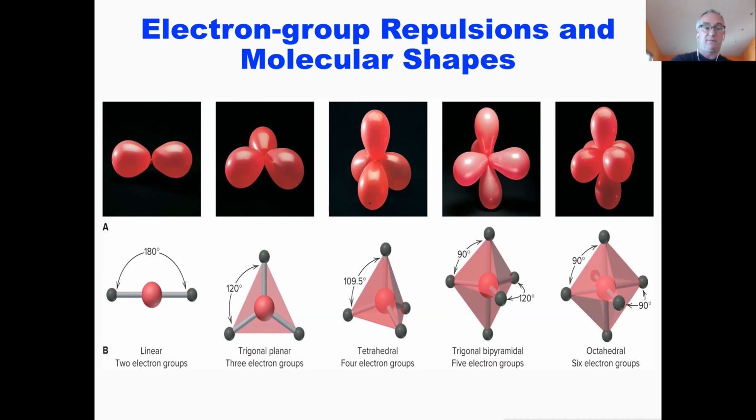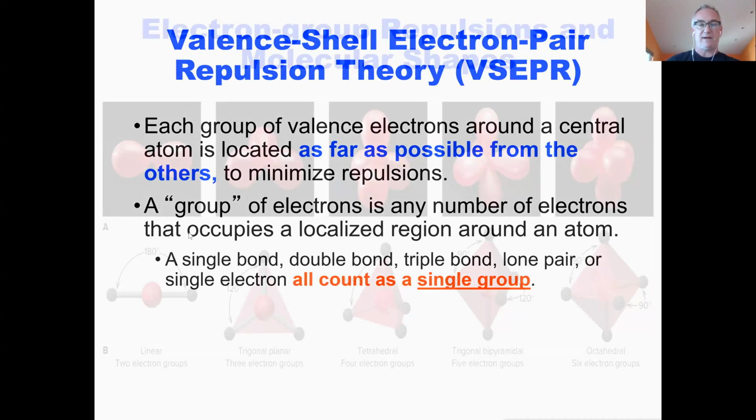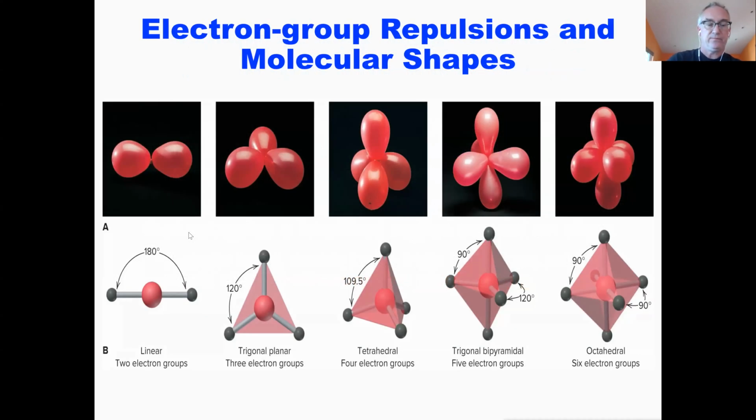So they're going to be in a line. That's the way they're going to align themselves. Bad pun. That gets them as far apart from each other as they can, in a line, 180 degrees apart. So that'll be a linear conformation.